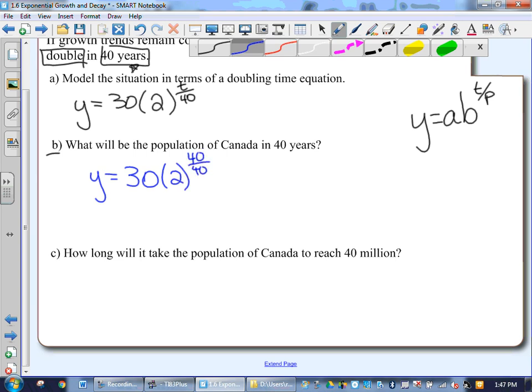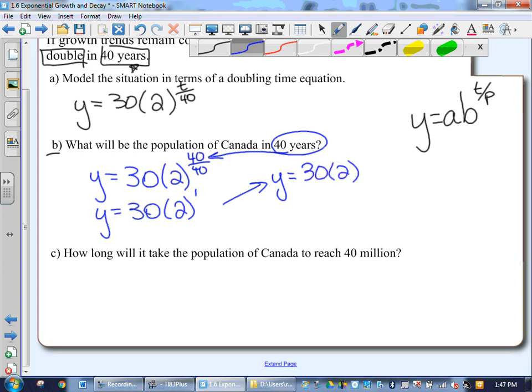So I want to know the final amount after 40 years, so I'm going to plug in a 40 there, and I get y is equal to 30 times 2 to the power of 1, or my final amount is equal to 30 times 2, or 60 million. So this means that my formula does in fact work. I can use logic to confirm it.